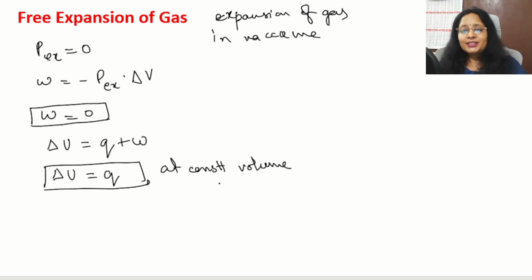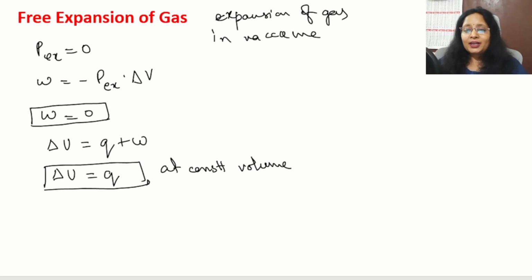So we can say now that if the process is carried at constant volume, the change in internal energy is equal to the heat transfer. Clear? In the case of free expansion and at constant volume, the change in internal energy is equal to the heat transfer. So friends, this much is clear.